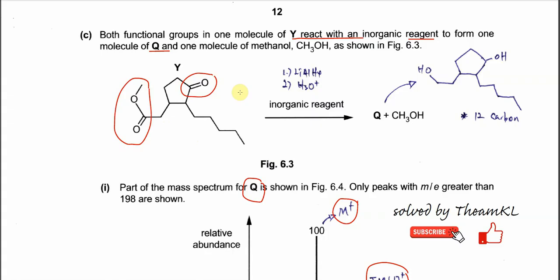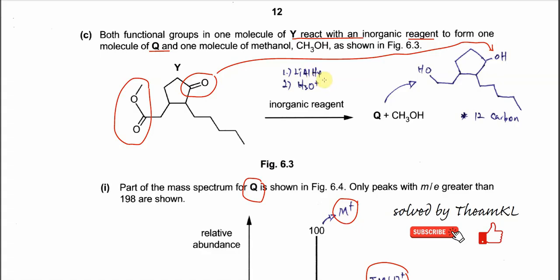Because we know that when the carbonyl reacts with lithium aluminum hydride, it will form this secondary alcohol. And the ester also will react with lithium aluminum hydride.